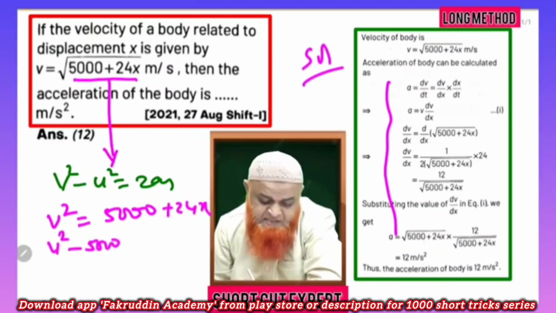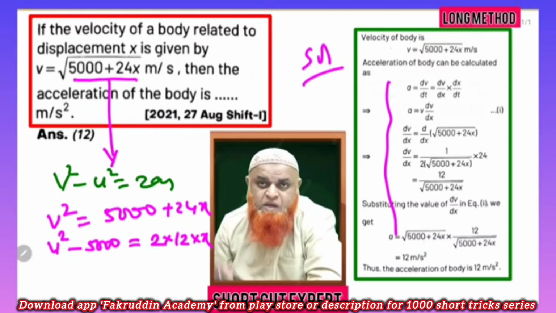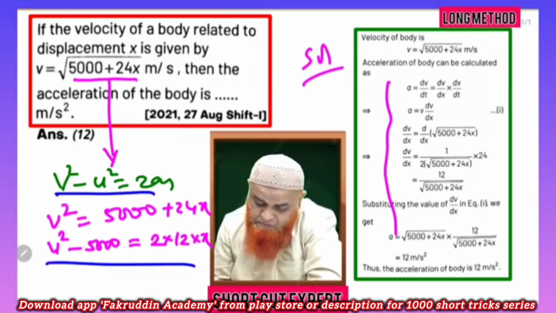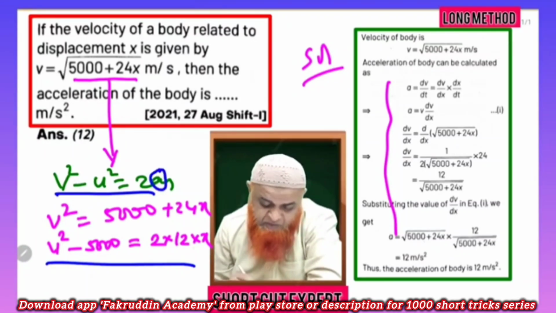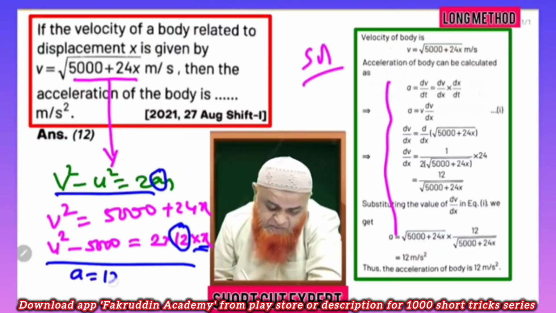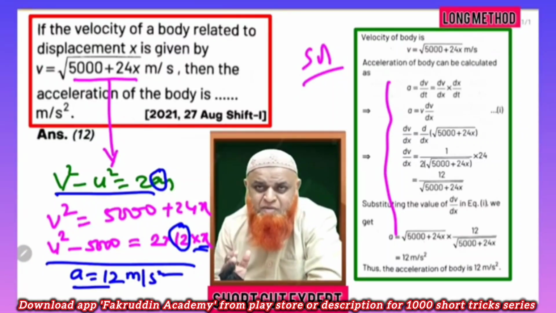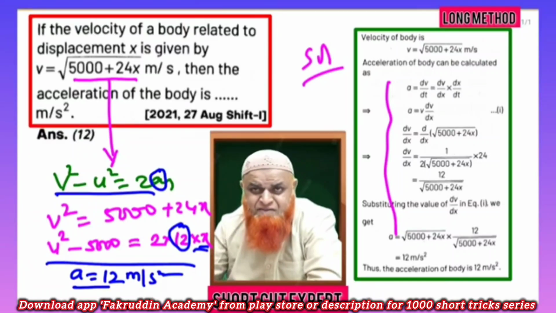So I can just write this as v square minus 5000 is equal to 2 into 12 into x. You can just compare these two equations now. Here acceleration is there, here acceleration is there. Instead of displacement, here x is there. So directly you can write acceleration as 12 meter per second square. Is it not the super simple method instead of following all these integrations and differentiation?